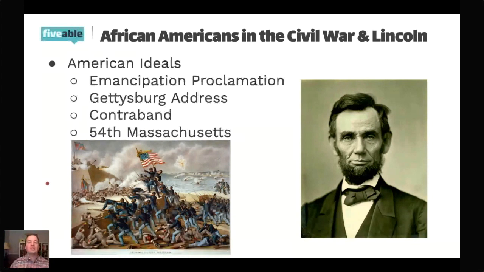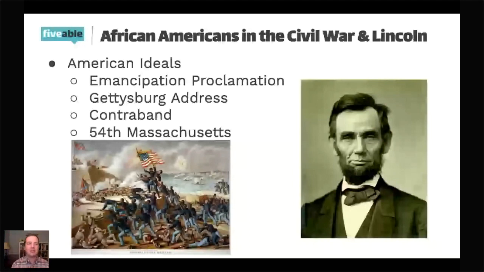But there are lots of examples of African Americans serving during the Civil War. They volunteer in huge numbers. We're talking over 110,000. And there's not a single black person drafted, which is amazing. And so everybody who serves the United States does so willingly and voluntarily.